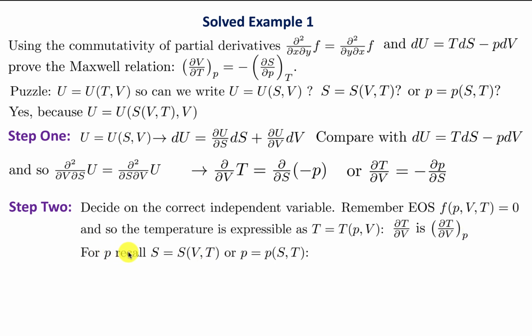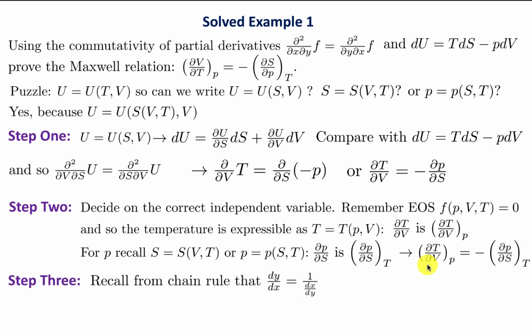Of course, here we can express P as a function of S and T as well. And so what we have here, dP by dS, is actually dP by dS at constant temperature. This means that this relationship has now taken this form with the pressure being held constant here and the temperature being held constant here.